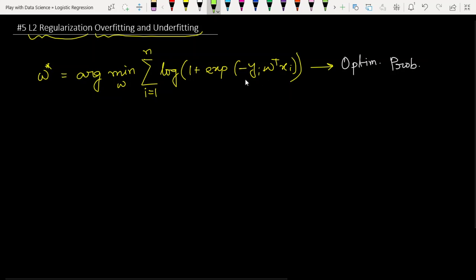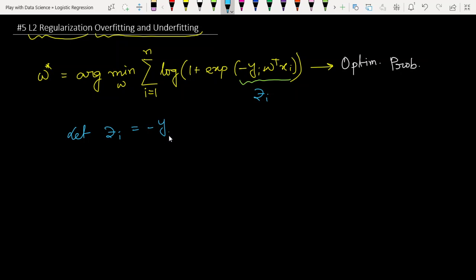First, for ease of writing, we call this term, our signed distance, zi. So zi is yi W transpose xi. This is our signed distance, zi.